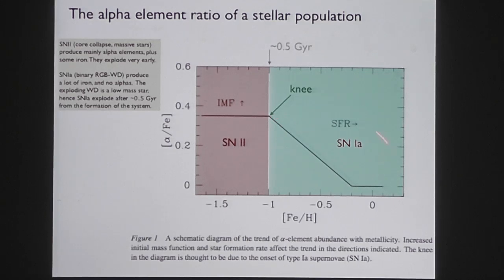When you arrive at this point and supernova 1A start exploding, then the enrichment is different because you enrich more and more iron and don't touch the alpha element, and so this thing goes down and down. So, in practice, when you measure this plot for a stellar population, now we will see some example, the trick is to identify this knee, and we know that this knee corresponds more or less to 0.5 gigayear.